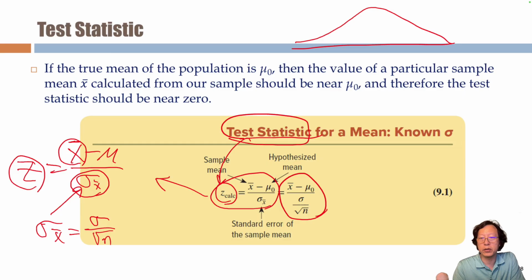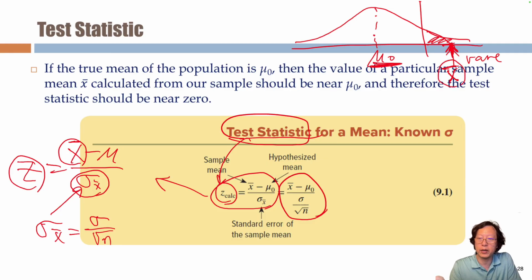And then you will compare. Depending on the right or left side, if it's a right tail test and your z-value is far away from the mean and greater than the critical point, the more rare case, then you say: if we assume the null hypothesis is true, it is really difficult to get my x bar here. So probably this x bar I got is not by chance, because my mu is greater than mu 0.